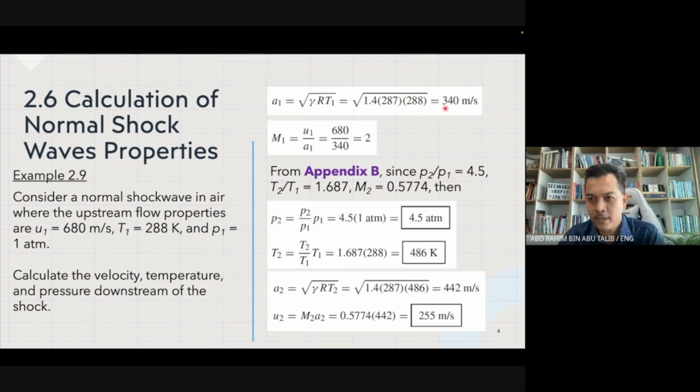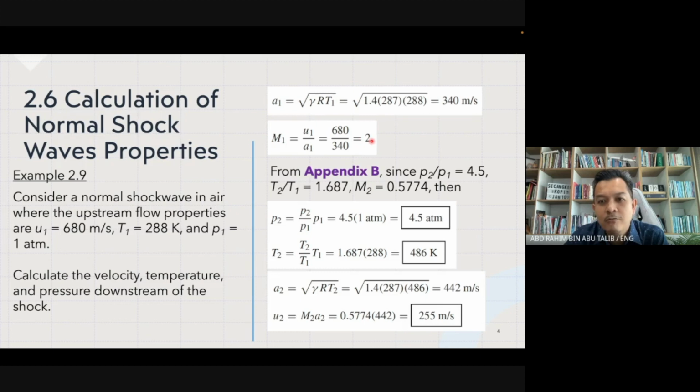You will obtain the speed of sound to be 340 meters per second. Using the expression for the Mach number, M1 equal to U1 over A1, we know U1 is given as 680 meters per second. You divide by the speed of sound, 340, and you get the Mach number to be 2. So we know M1 is 2.